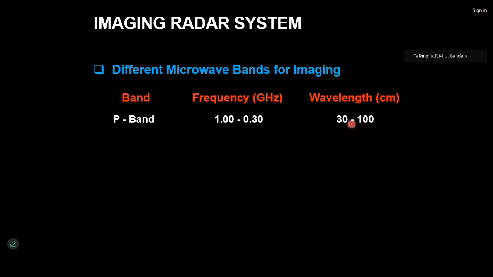This is the longer wavelength, and a longer wavelength has a low frequency.